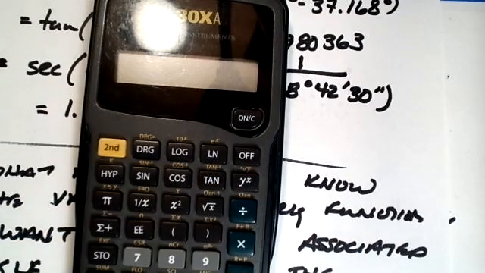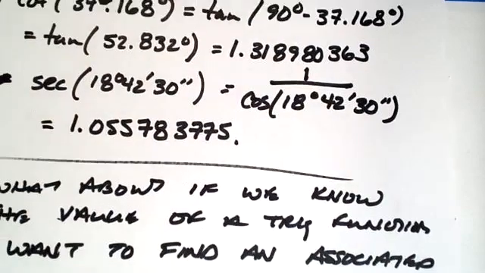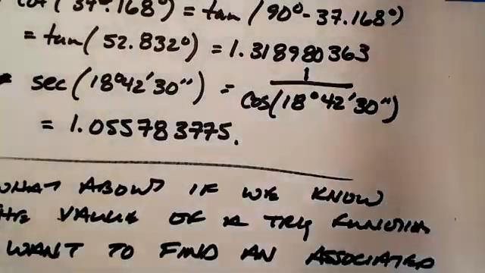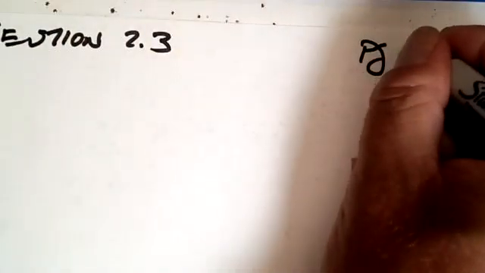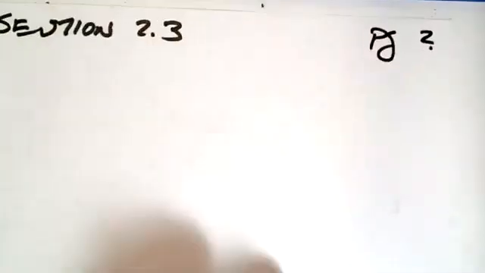Now, remember that when we looked at the notation for how we raise a trig function to a power, there's a lot of inconsistency in the way that the notation is done for trig functions, and I honestly have no idea why.